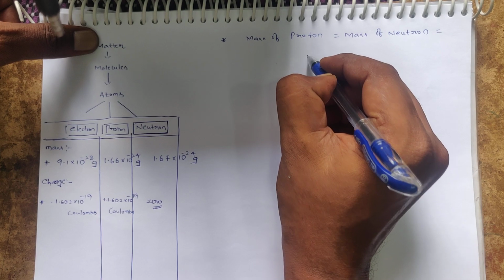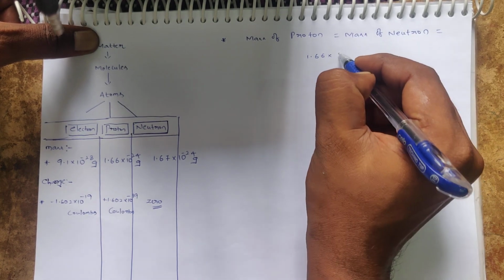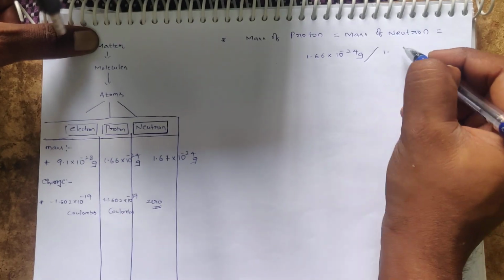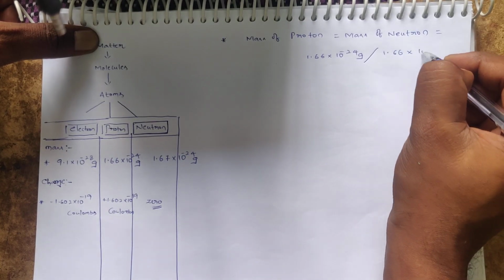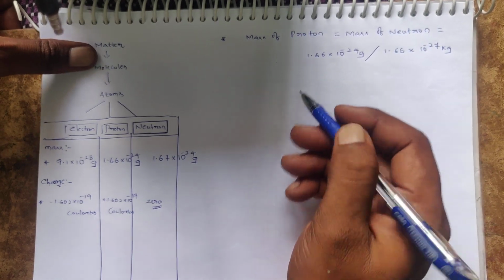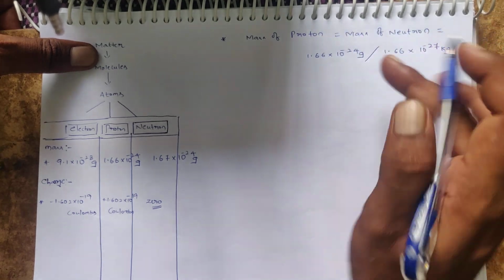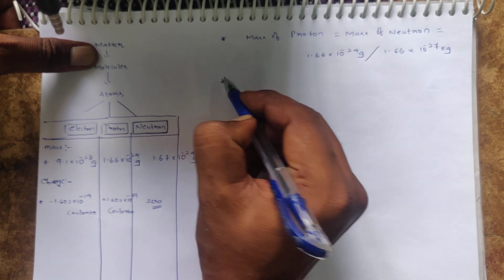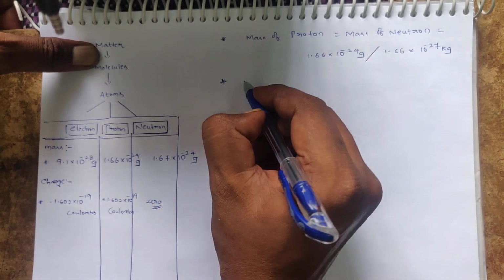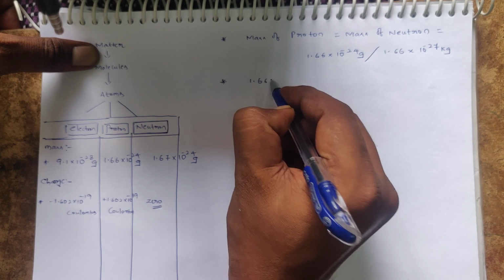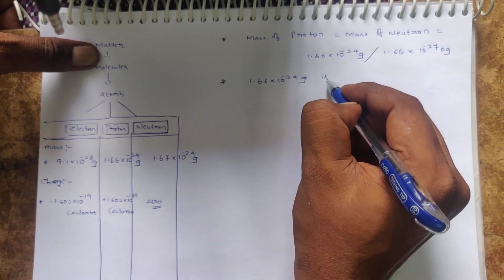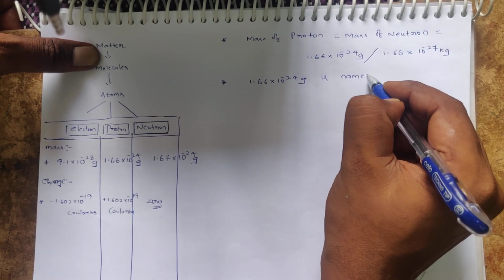This is equal to 1.66 into 10 power minus 24 grams, or 1.66 into 10 power minus 27 kgs. Am I right? This smallest value is named as AMU. What is that smallest value? That is 1.66 into 10 power minus 24 grams, named as AMU in our chemistry.